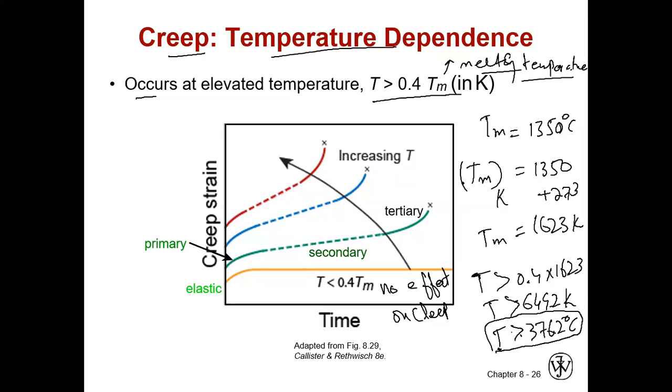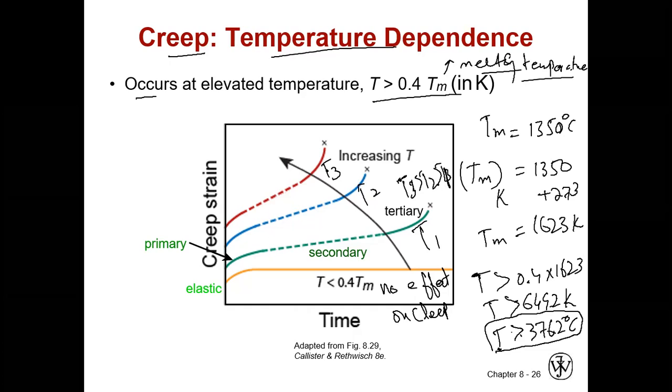So if you see at this temperature, let's say this is Tm, this is T1, this is T2, and this is T3. By increasing the temperature, T3 is greater than T2, which is greater than T1.